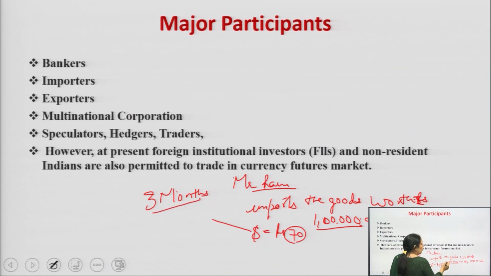Now he is going to import goods of 1 lakh quantity.